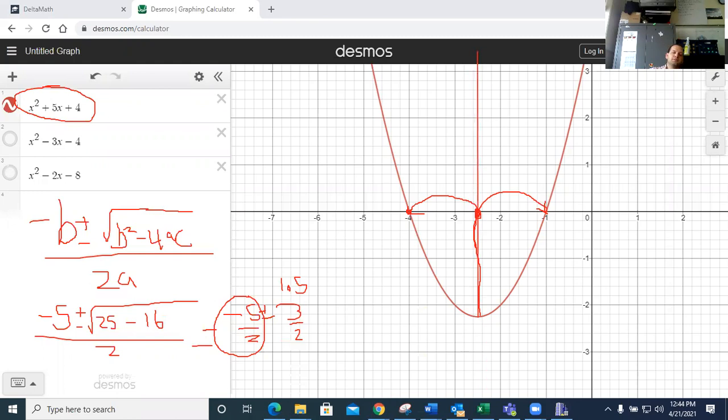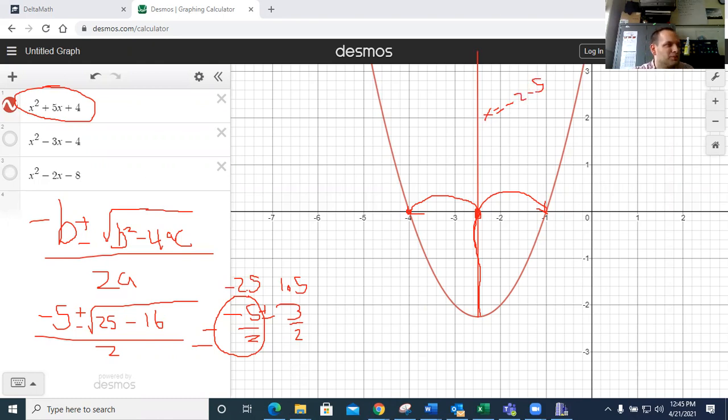That is right where the two sides are mirrored of each other. They're the same on either side of that line, just flipped. So quite often we'll ask, what is the axis of symmetry? In this case, it is negative 2.5, so that's the line x equals negative 2.5.